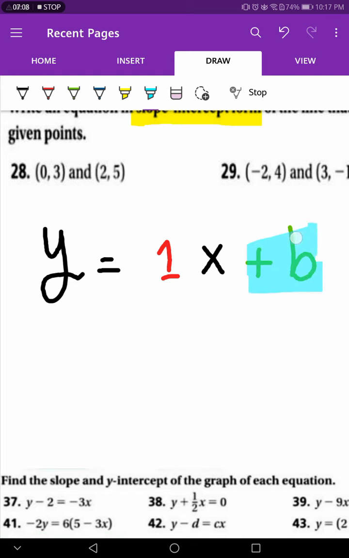To find b, I have to use one of the ordered pairs, this one or this one. Don't get confused, my dear student. Use the easy one. So the easy one, teacher, is this one, the yellow one, 0 and 3.